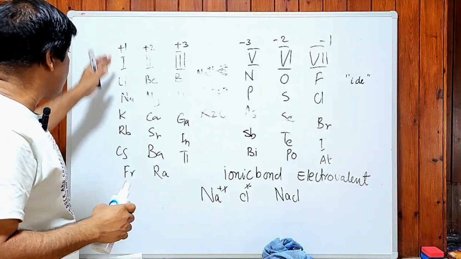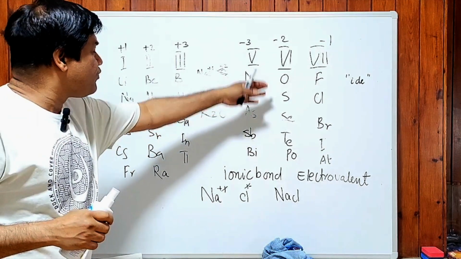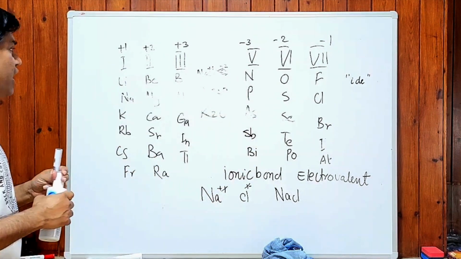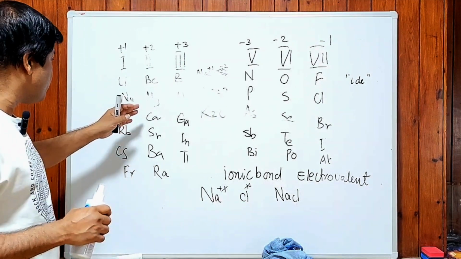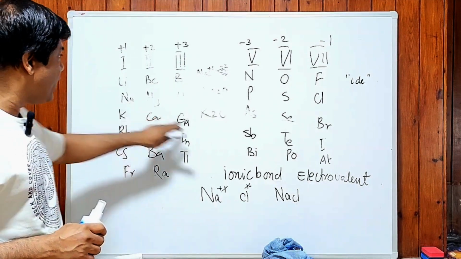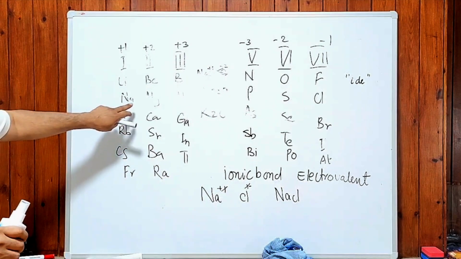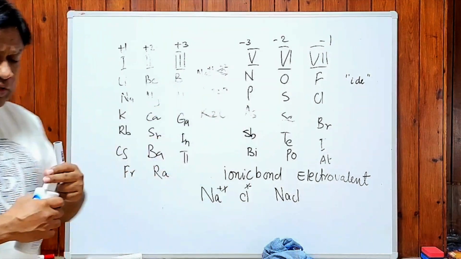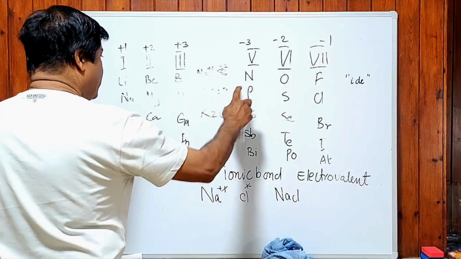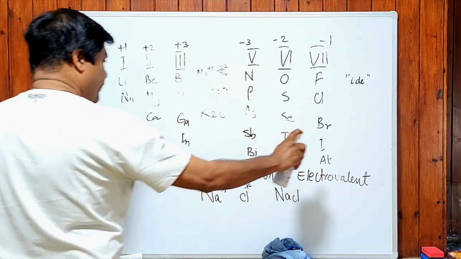Now we have done group 1 and group 6. Now I want to try group 1 and group 5 elements. Let's see, group 1 and group 5.